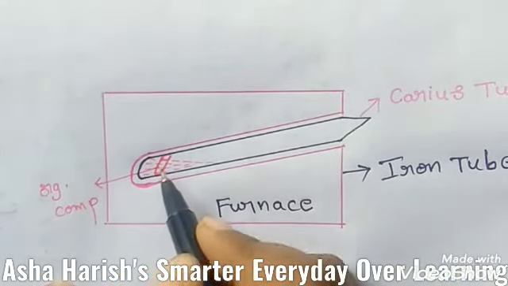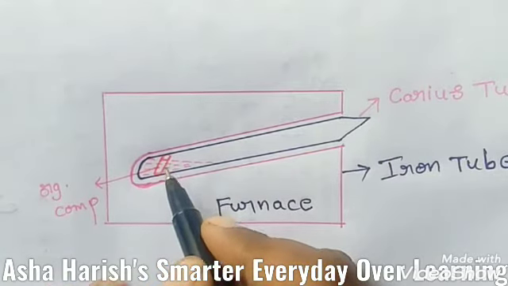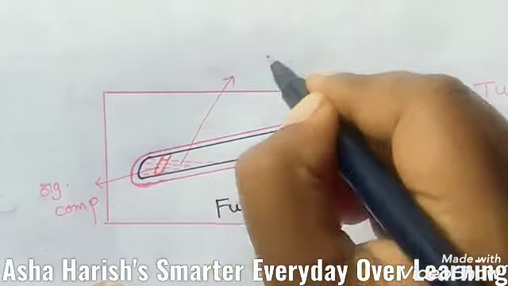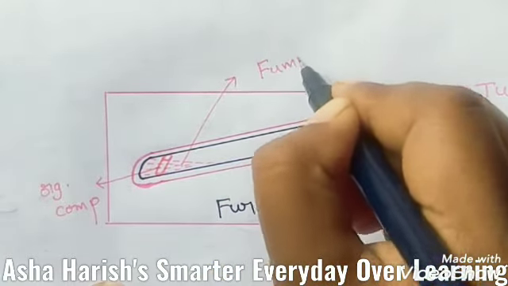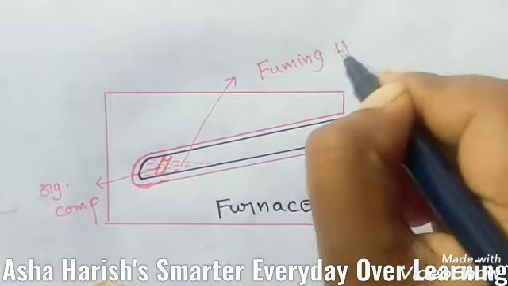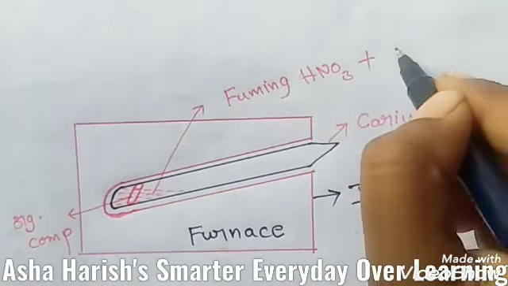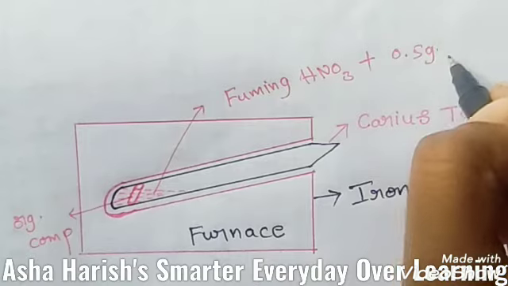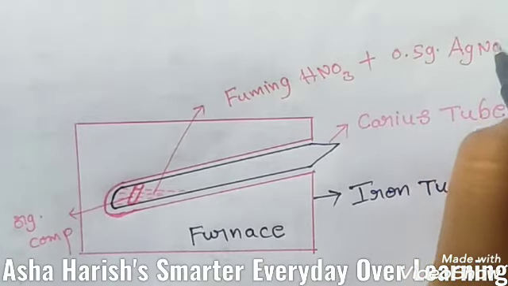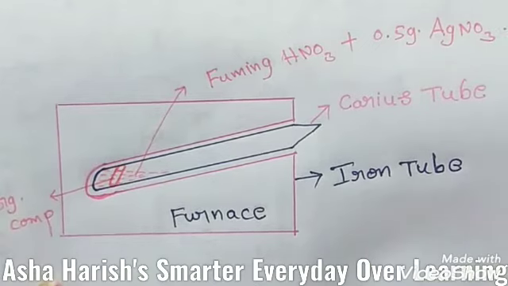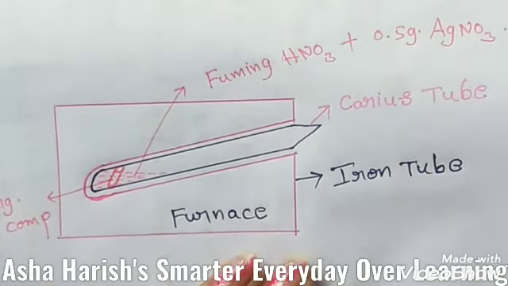And here is the solution: fuming HNO3 plus 0.5 grams of silver nitrate, AgNO3. This is the entire apparatus for the estimation of halogens.